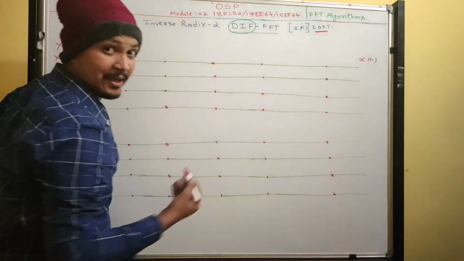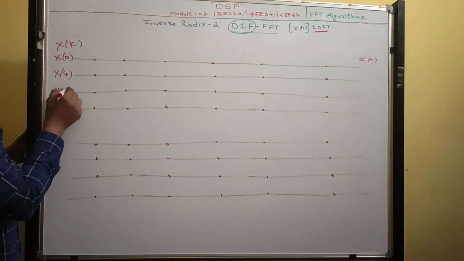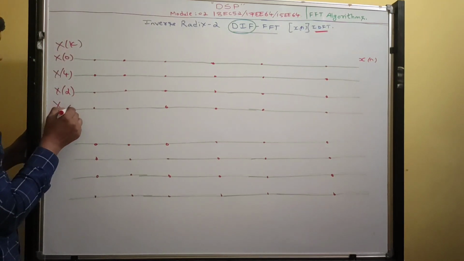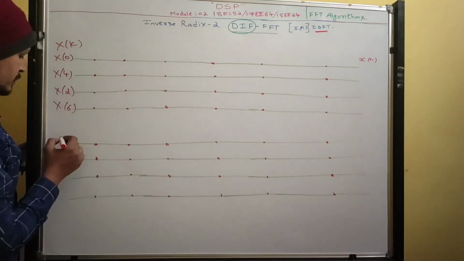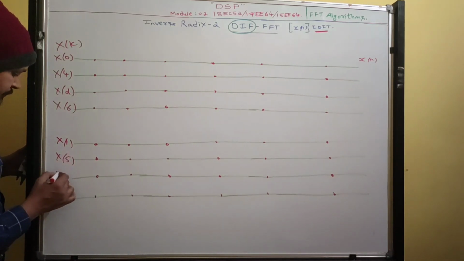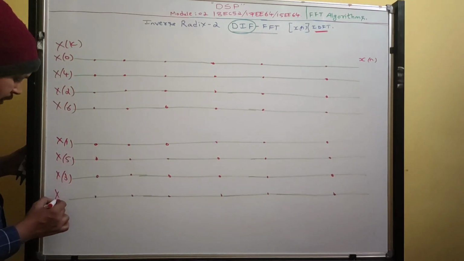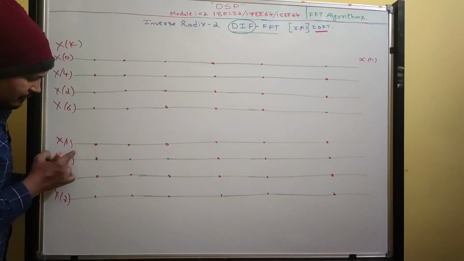So X of 0, X of 4, X of 2, X of 6. Don't write small x, write capital X for frequency, small x is time. So X of 1, X of 5, X of 3 and X of 7. Any doubts?